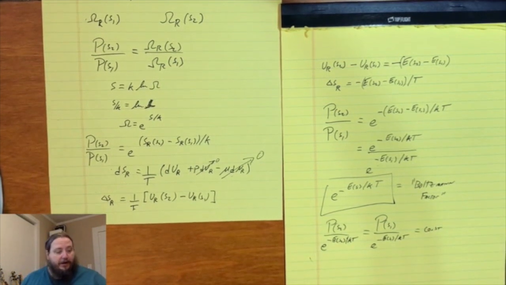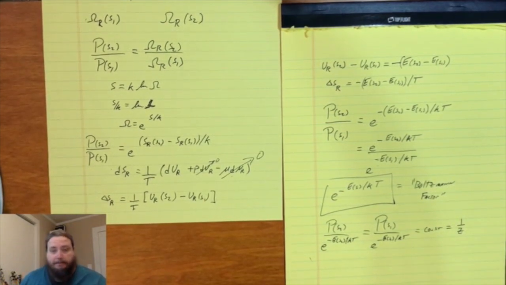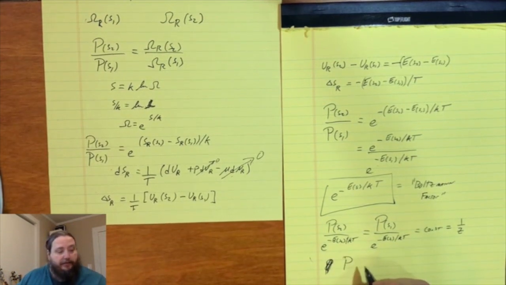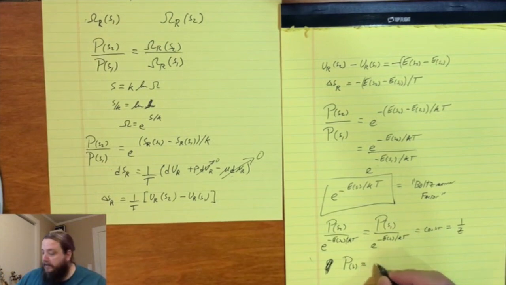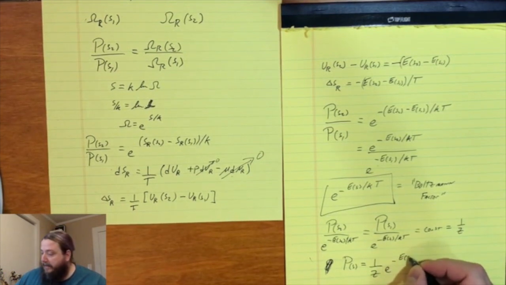And indeed, we label that constant of proportionality 1 over Z. And if we do so, we find that the probability of being in a state S must be 1 over Z, whatever that constant is, times e to the minus energy of that state over kT.